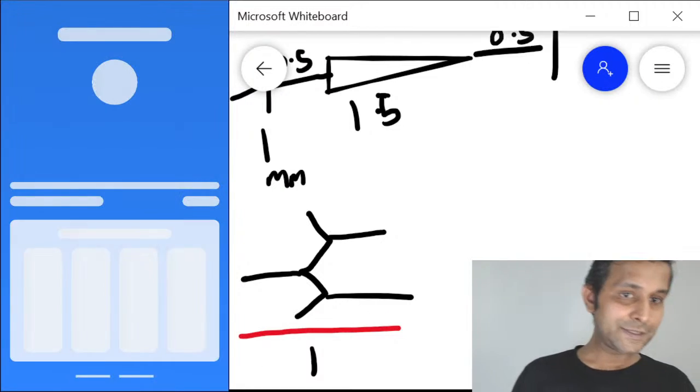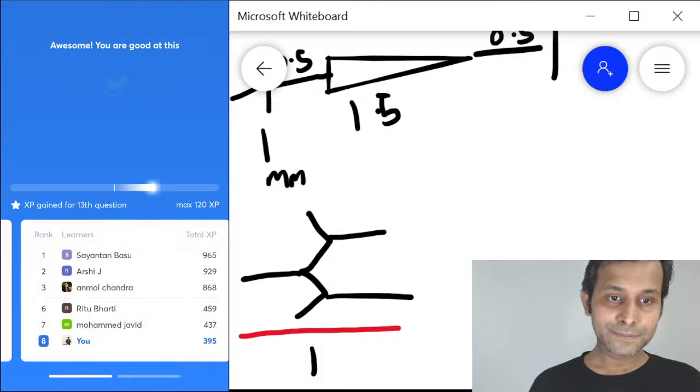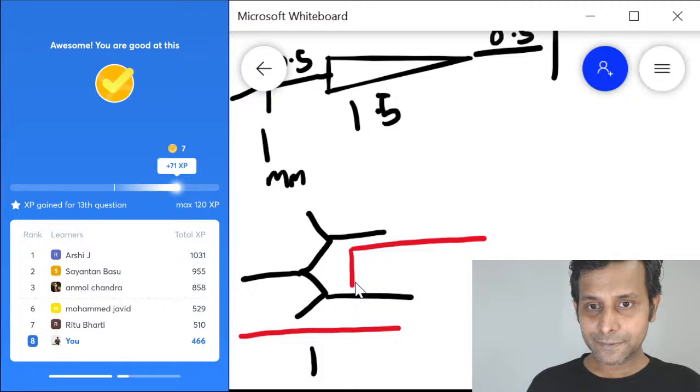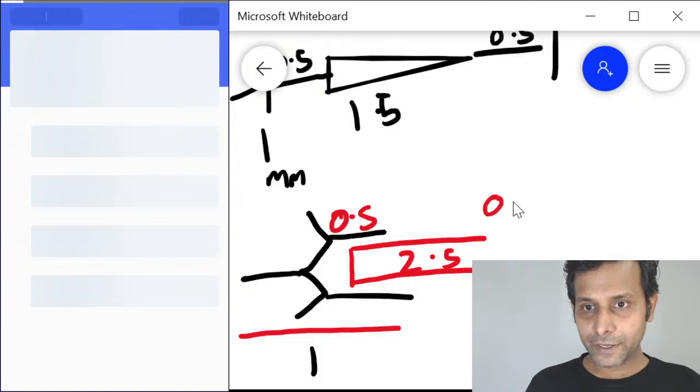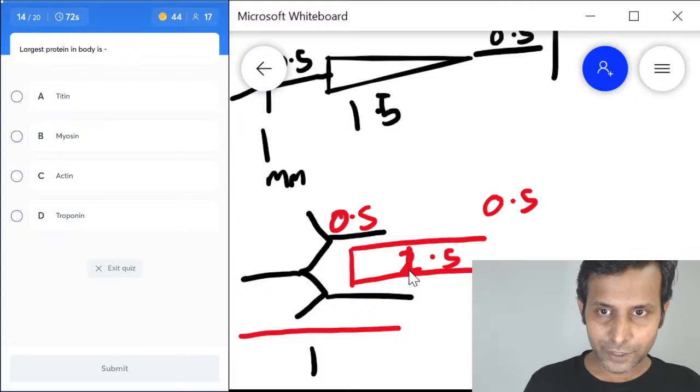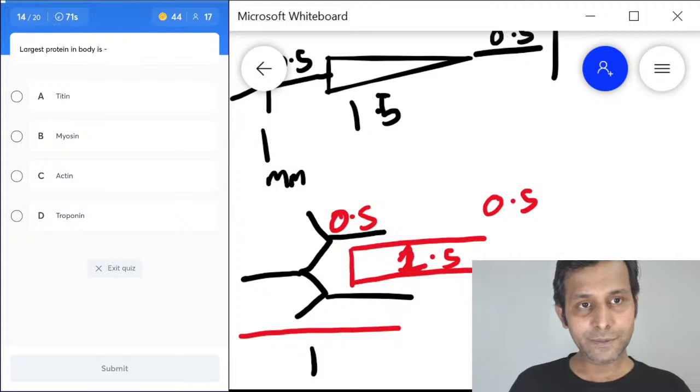Whereas the dark band, that is A band, is 1.5. So 0.5 on this side and 0.5 on other side, 1.5 plus 1 gives you 2.5 millimeter.